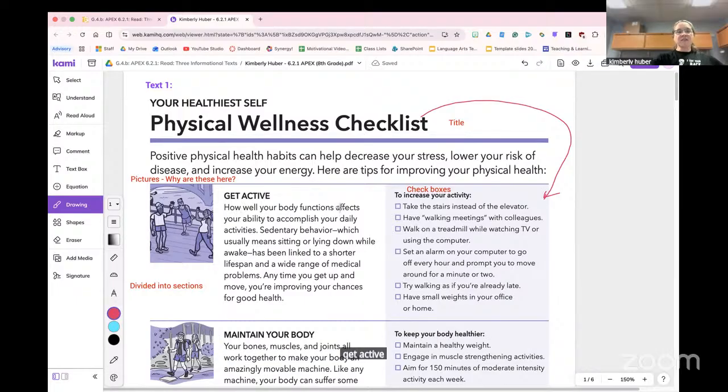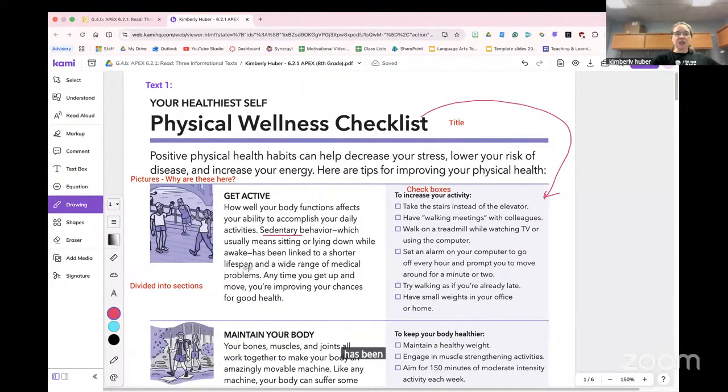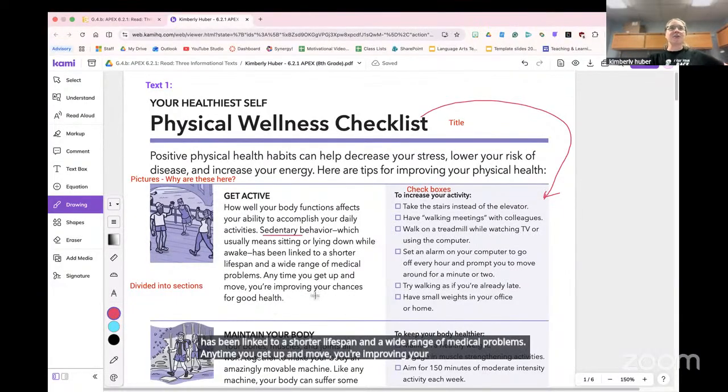How well your body functions affects your ability to accomplish your daily activities. Sedentary behavior, which means always sitting or lying down awake. Oh, that is not what they are doing here. They're moving around. Has been linked to a shorter lifespan and a wide range of medical problems. Anytime you get up and move, you're improving your chances for good health.